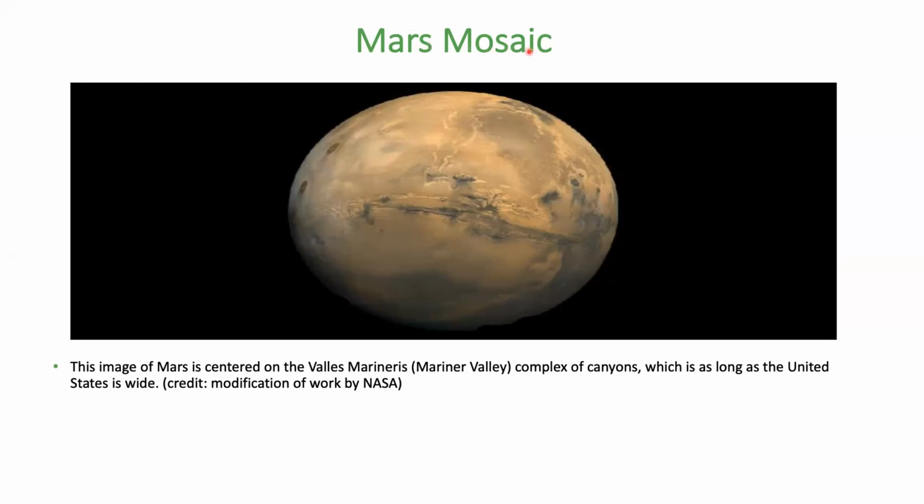What this mosaic means is the technology used to construct these images: they used CCD cameras, and you get different parts of Mars on different chips of the CCD camera, and then you collect all those together to make this final image, right?